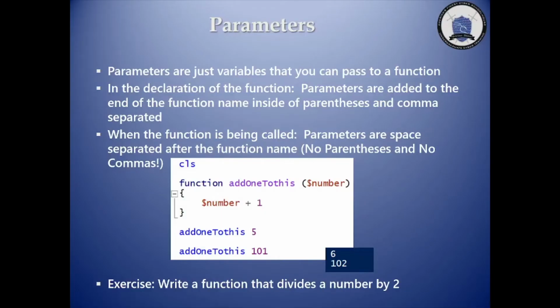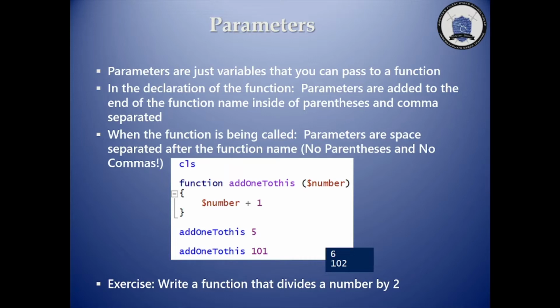All right, so now I'll be covering parameters. Parameters are just variables that you can pass into other functions. Normally, if you create a variable in a function, it will not be able to be used outside of that function. However, if you pass that variable as a parameter, then you can use it outside of that function and perhaps into another one.